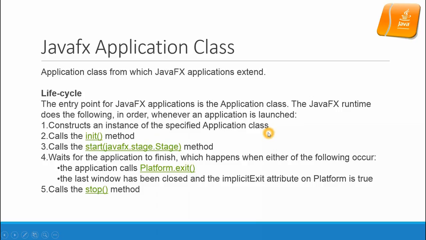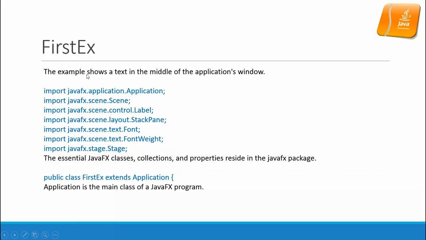You build an instance that maps to a certain application program or window, and then it calls the init method, which can be written in your class. Then it calls the start method, which is also one of the methods in your class. Then it waits for the application to finish, and after that you can call Platform.exit, which is usually like System.exit, or you call the stop method.